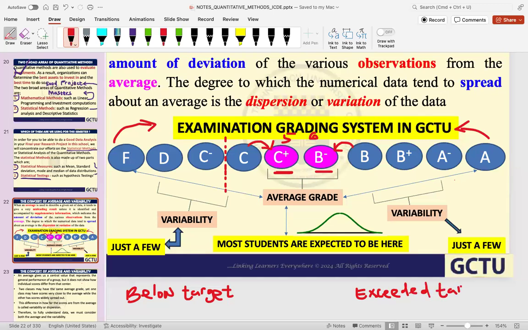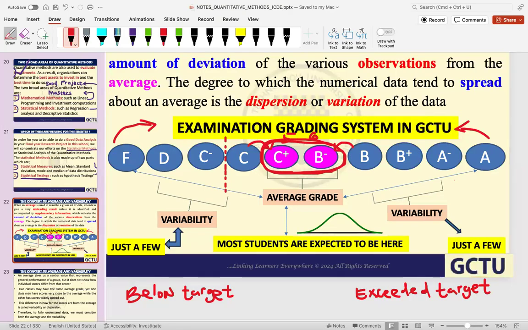So what target have the school set for you? The school has set this target for you. That worst case scenario, your grade should be between C plus and B minus. That is the target.